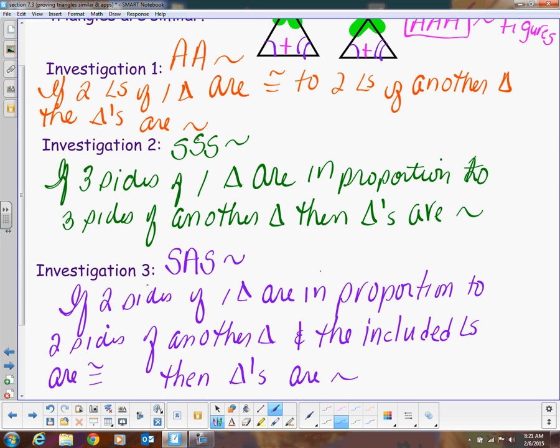Side, side, side? Anything else? Side, angle, side. If you're given a figure with no information about any side, what can you eliminate? Because if you know nothing about the sides, you can't show they're in proportion. You'd be looking at angle, angle.